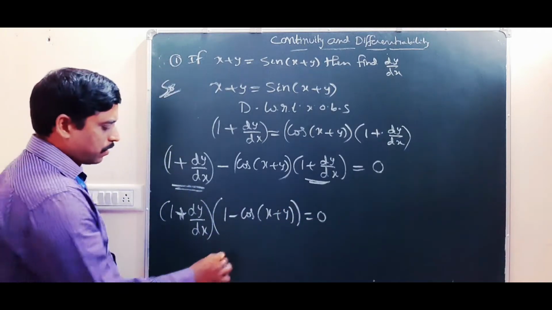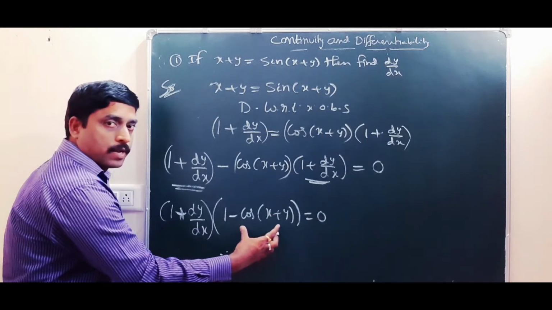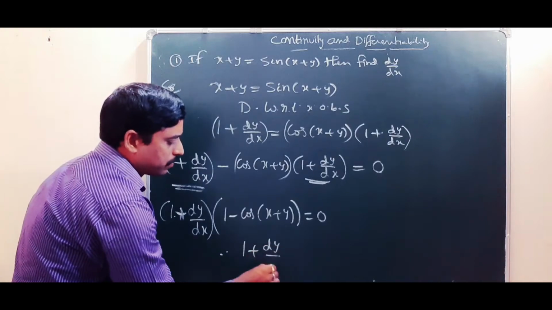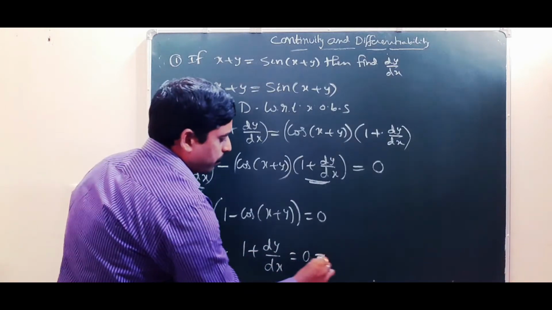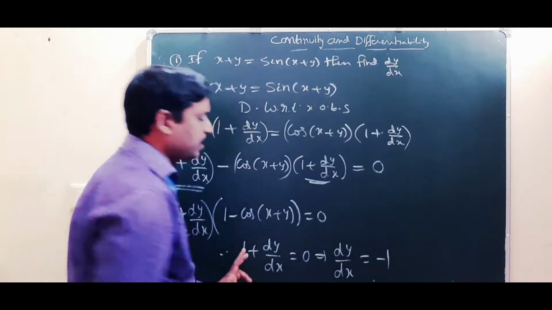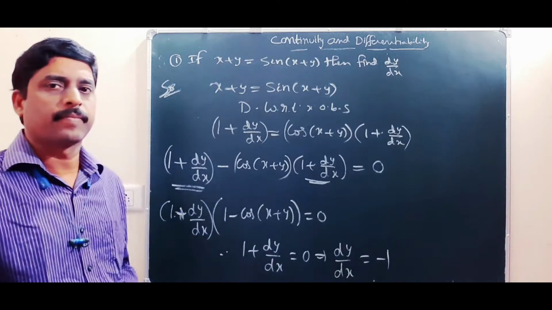Therefore, 1 plus dy by dx equals 0, since this value is not equal to 0. So 1 plus dy by dx equals 0. Therefore, dy by dx we got minus 1. This plus 1, bring to the right side. dy by dx value is minus 1.